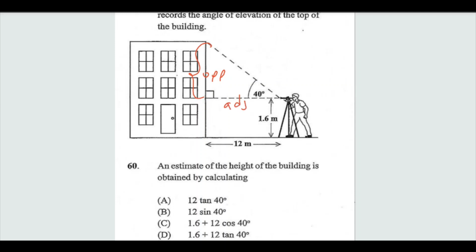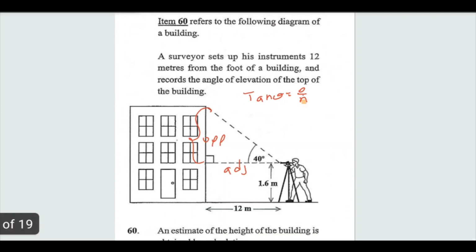The ratio that we use when dealing with opposite and adjacent is tan. So tan theta is equal to the opposite over the adjacent. In this case, theta will be 40, so tan 40 is equal to the opposite, let's call that x, over the adjacent, and the adjacent is the bottom piece here, which is 12, right?